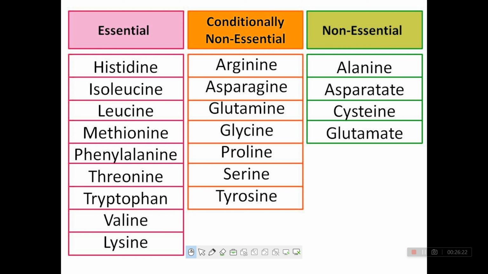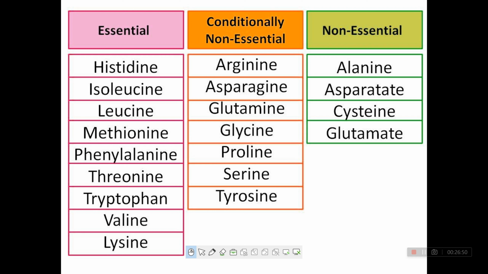So what types of amino acids? Already I told you there are mainly two types of amino acids, essential and non-essential. Essential amino acids are the amino acids which are not synthesized in our body, because we take them from our food.